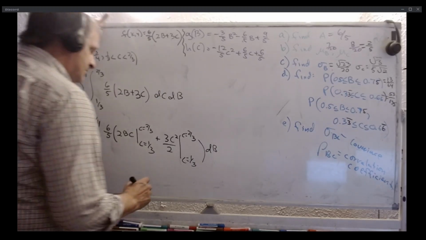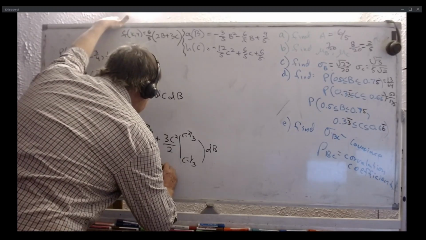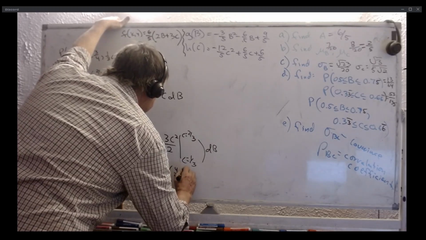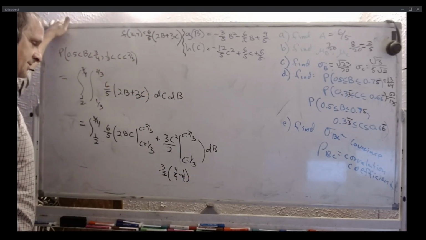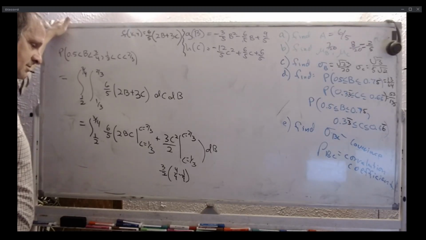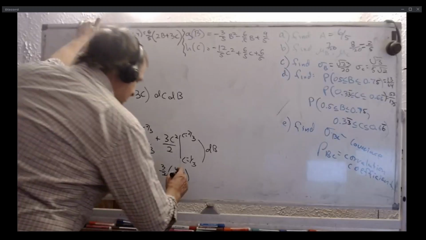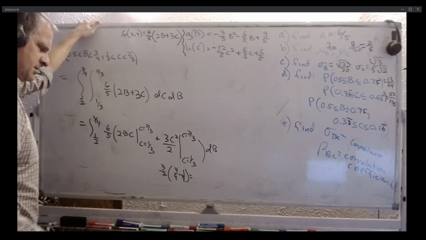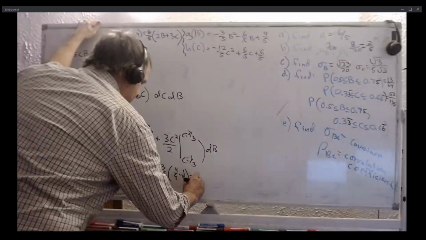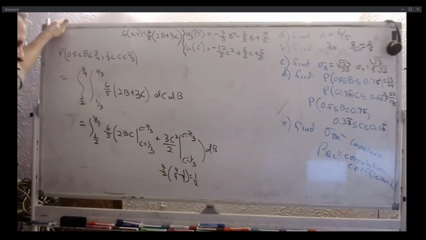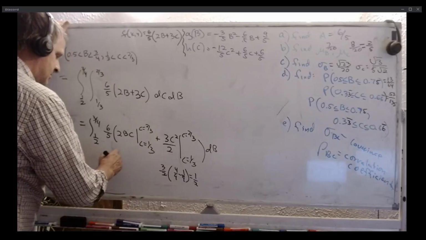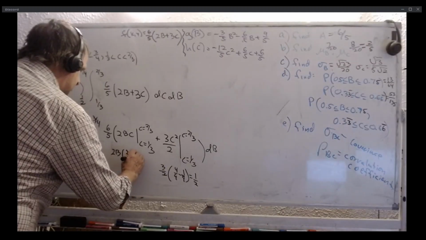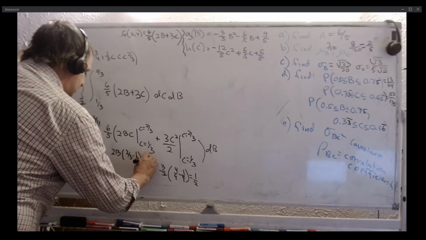All right, now, this goes to 3/2 of 4/9 minus 1/9. Right? So it's 3/2 of 1/3. Isn't that 2? No, 1/3, 1/3, 1/3. That's 1/2. This right here is 2b times 2/3 minus 1/3, which is 2b over 3.